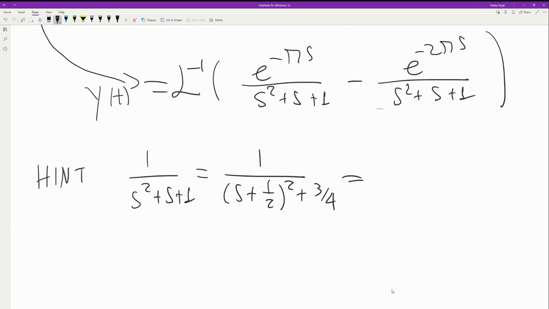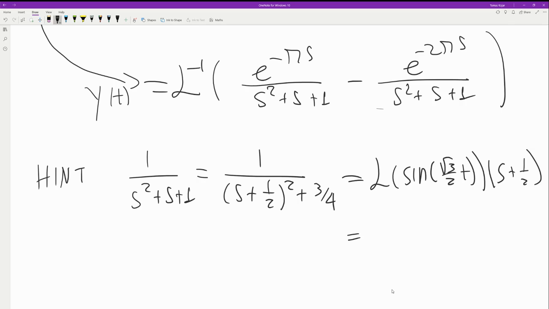Because this is the shifted sine of square root 3 over 2 t, s plus a half, right?